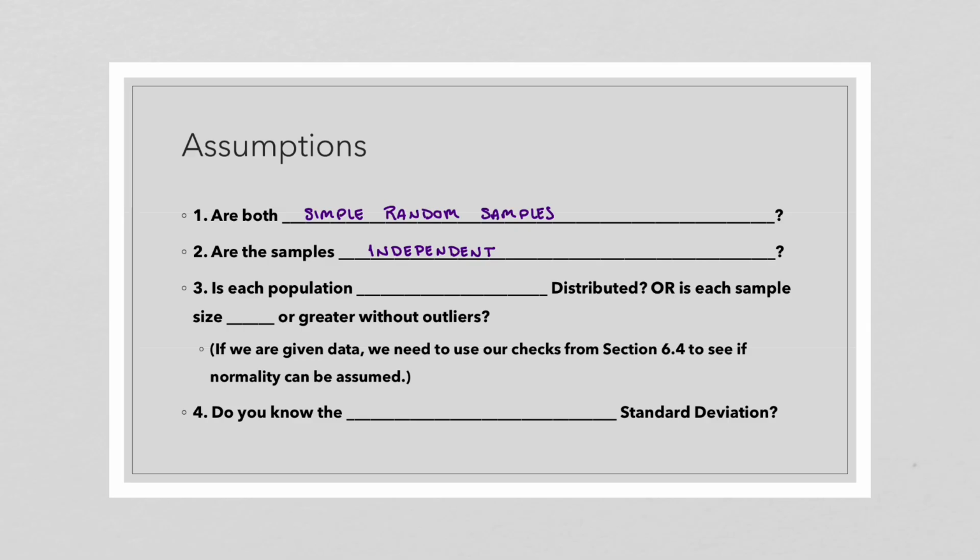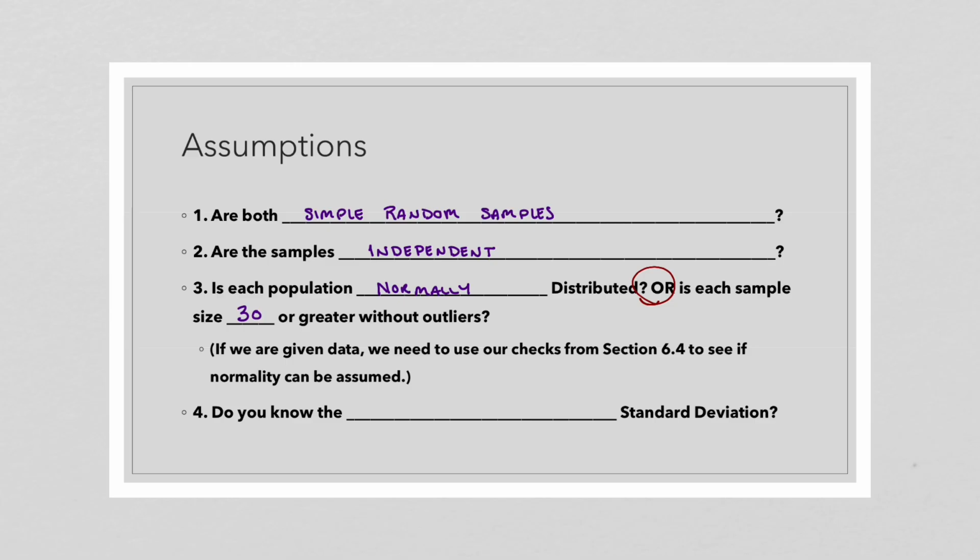Your third check is, is each population that your samples came from normally distributed, or is each sample that you're working with 30 or greater without outliers? So if you're given data, technically what you should do is go through the 3 checks from section 6.4.